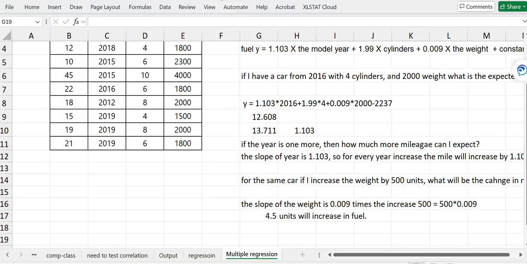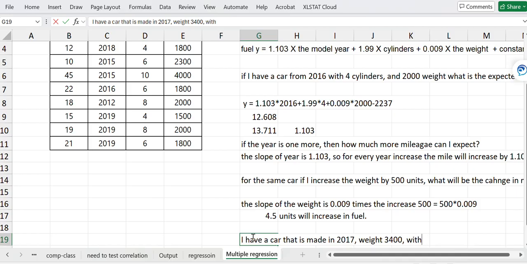So now what is the question? Car is a practical, right? I have a car that is made in 2017, weight 3400, with mileage, let's say 21.